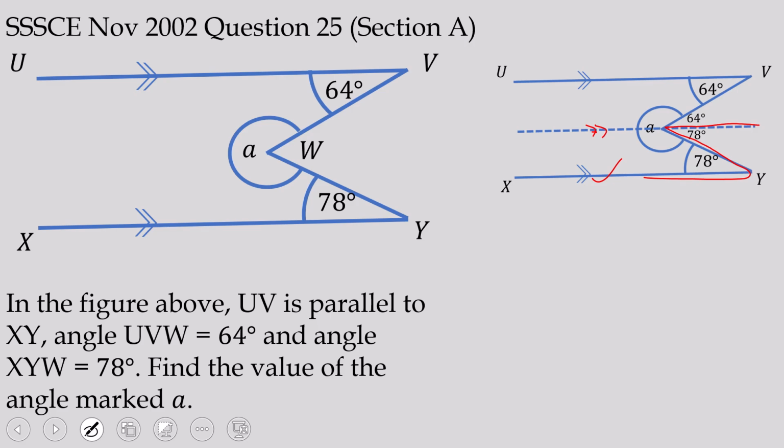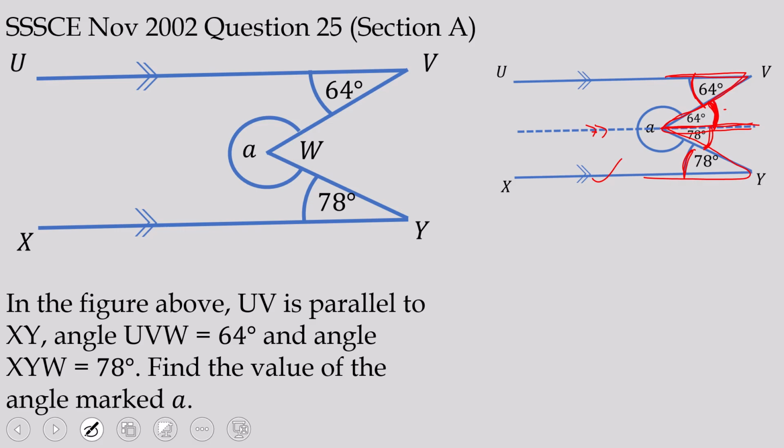So the Z shape means that this angle should be equal to this angle because they are alternate angles. Then the same for the one above too. So if I do this, I have the Z shape. So therefore this angle and this angle over here should be the same. They are alternate angles. So therefore this angle over here should also be 64.